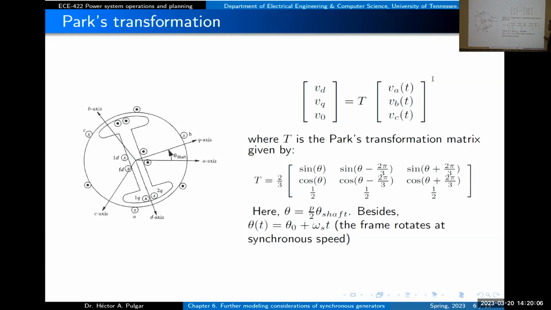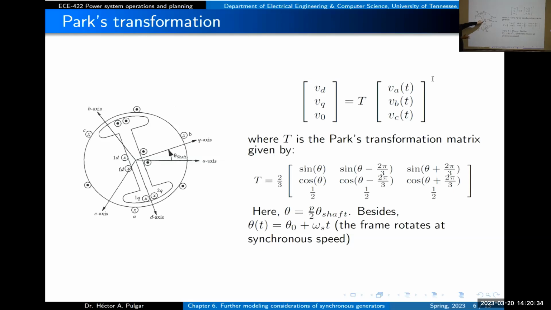The transformation can be done in the following way. We have the axes here. So you have the Q axis and the D axis. The axis for phase A goes in that direction. So if you have maximum current going through that winding, what happens to the flux in that winding?